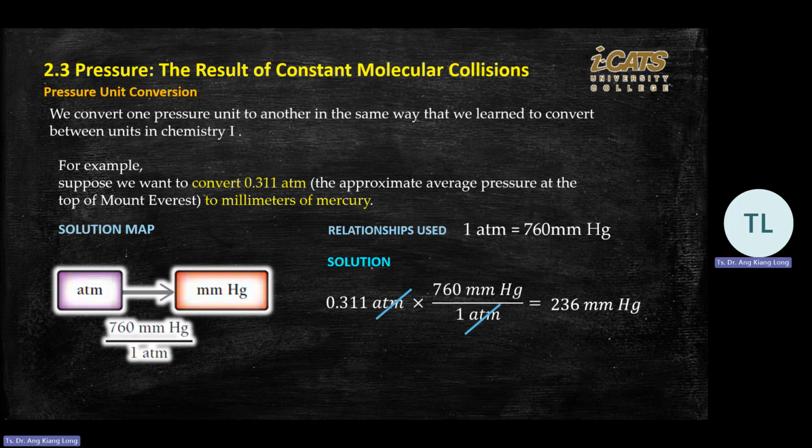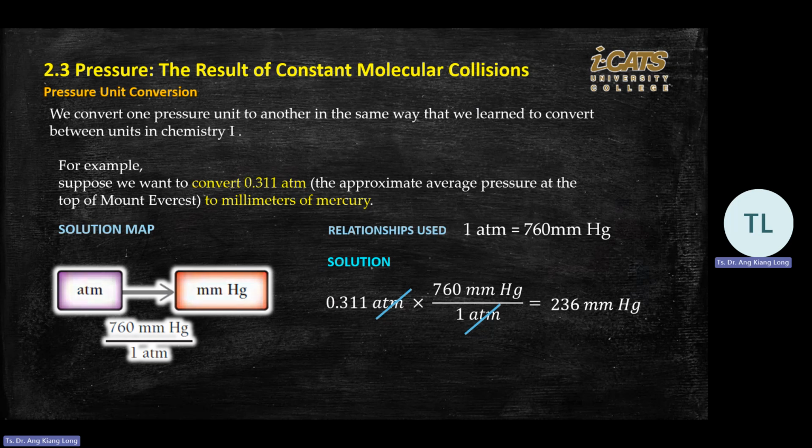This is the working step: 0.311 atm multiplied by 760 mm Hg divided by 1 atm. You need to show me how you cancel the unit in your answer. So for chemistry 2, you need to include the unit. In the question, we'll keep on reminding you to include the unit of measurement in your answer.